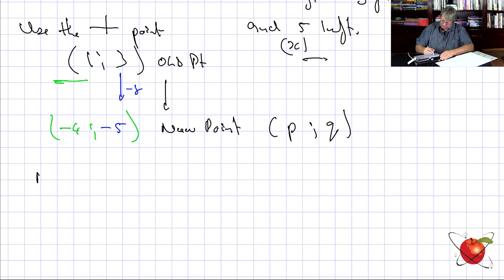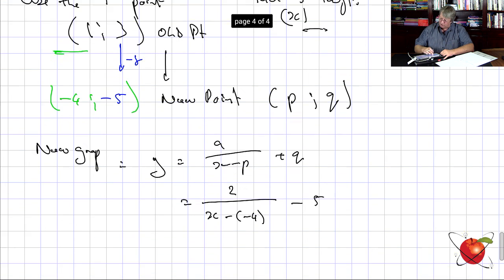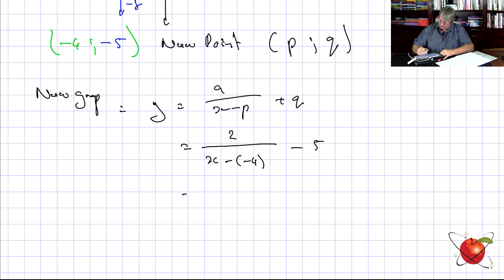So the new graph is going to be y is equal to A over x minus P plus Q. A stays the same, so it is 2 over x minus, and it's now minus 4, minus 5. My new graph is going to be equal to 2 over x plus 4 minus 5.